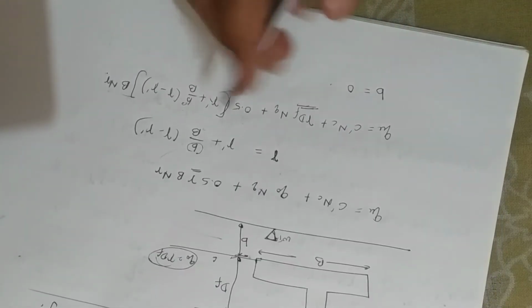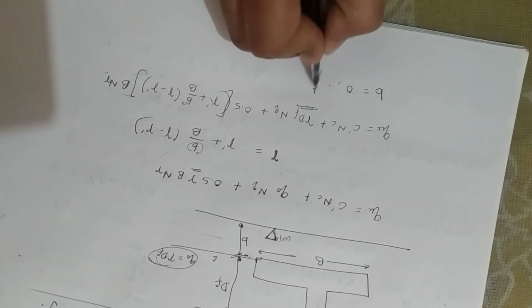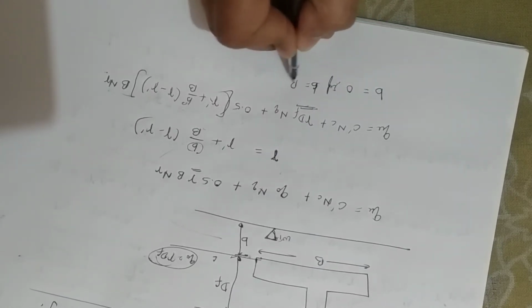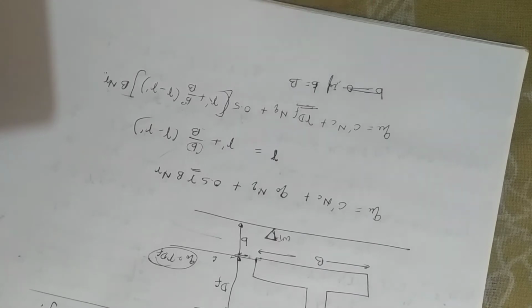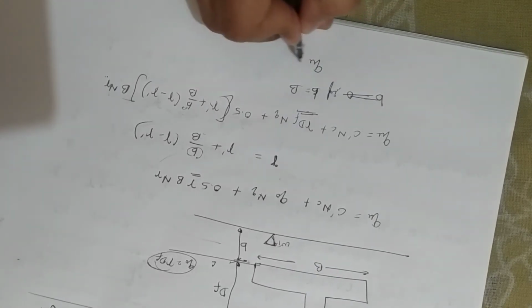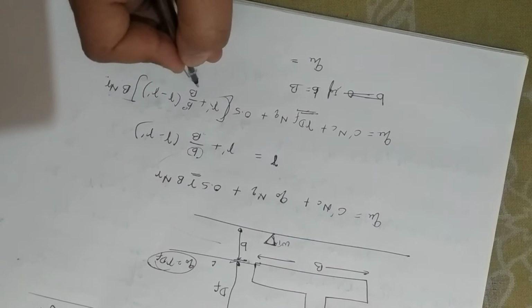And if small b becomes equal to B, then the equation becomes like this. This B becomes cancelled out.